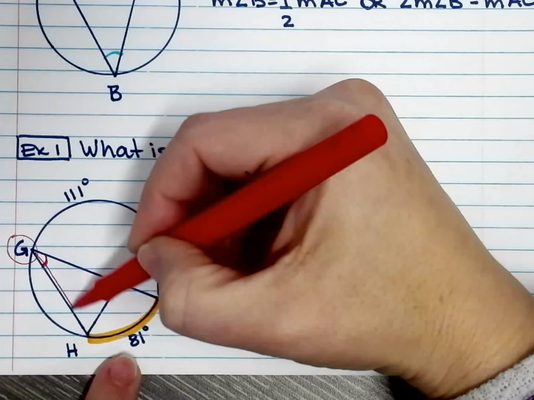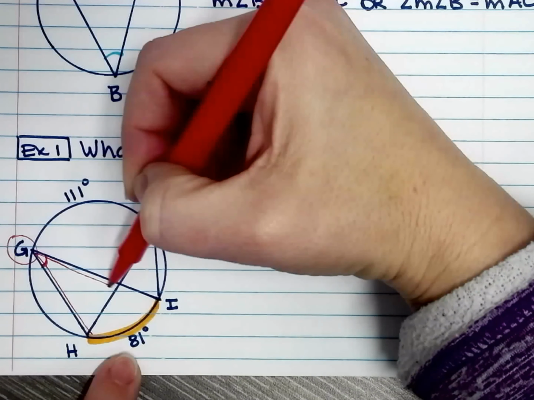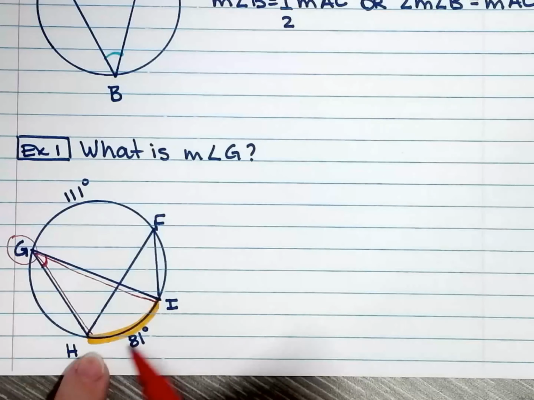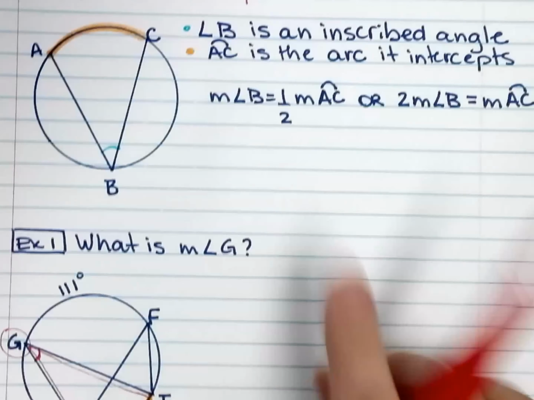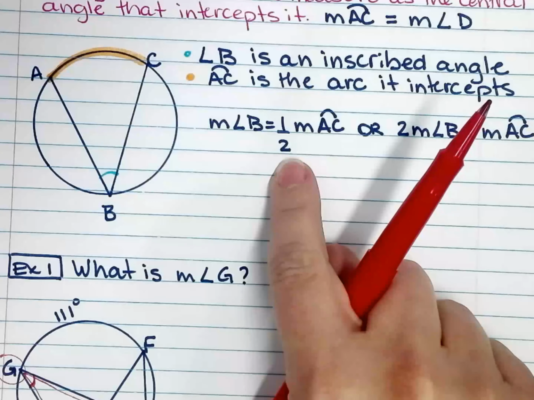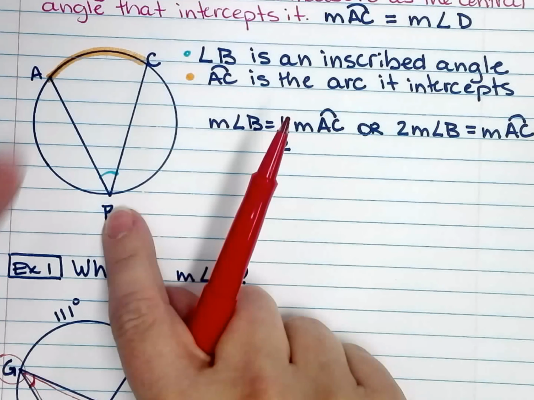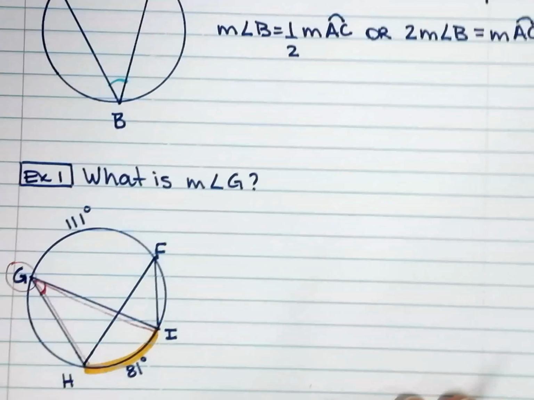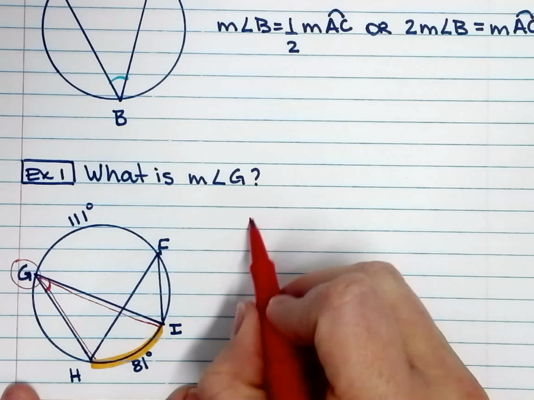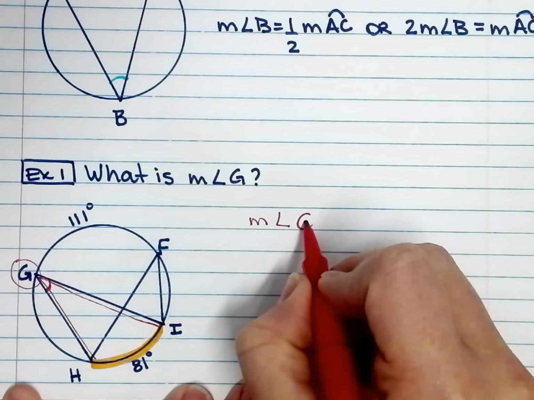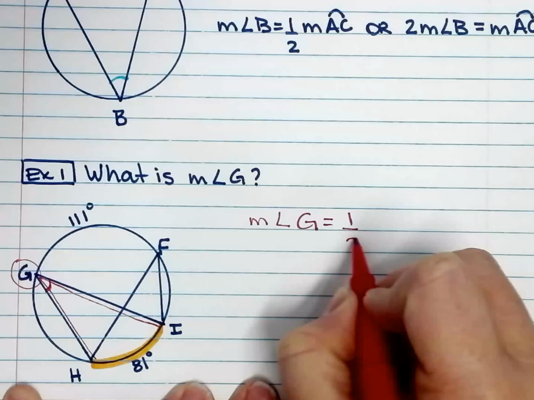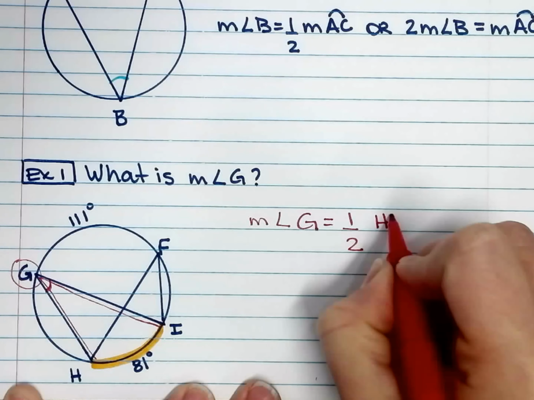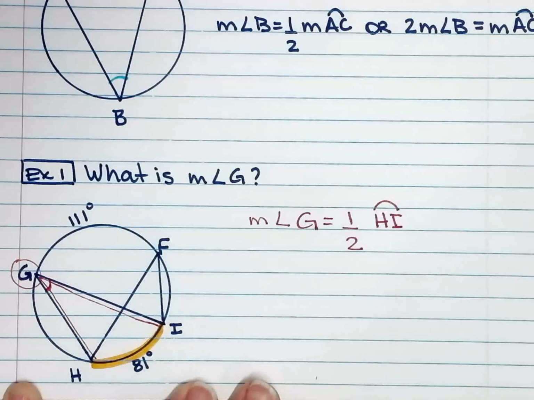So I have this angle G intercepting arc HI. And we know from here that this is half of this, and that is as simple as that. So the measure of angle G is 1/2 of arc HI.